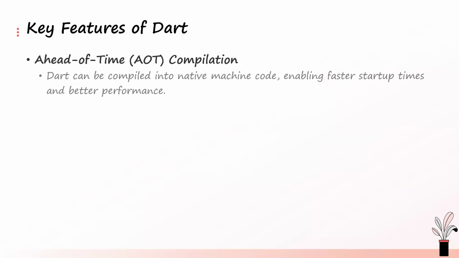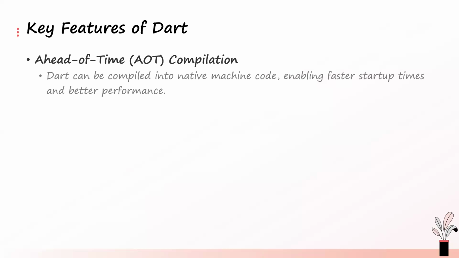We explained it in detail, so I'm not going to do that, because I expect that you would have programmed before taking this course. So it can be compiled into native machine code, enabling faster startup times and better performance. That can be seen as a compiled programming language, so the compilation will be done ahead of time.